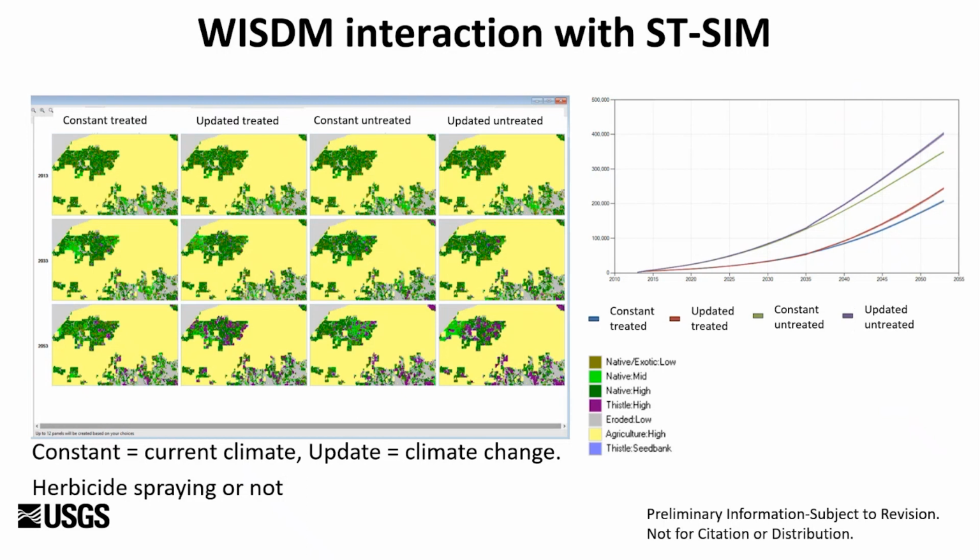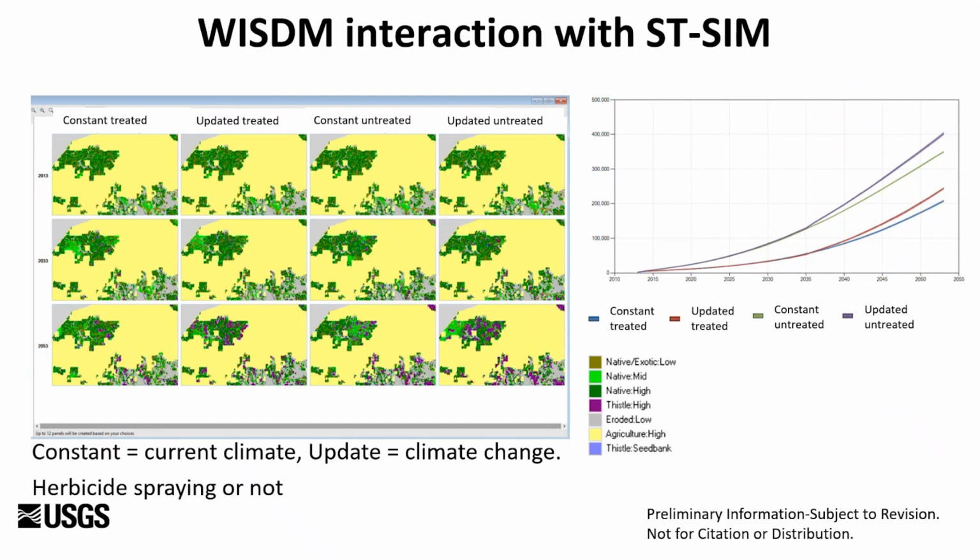And so the underlying establishment probability based on that habitat suitability map was updated during the run. And then we had another set of things that we varied, which was whether or not herbicide spraying happened. The first 2 columns have herbicide spraying happening, the second two show that it was untreated.